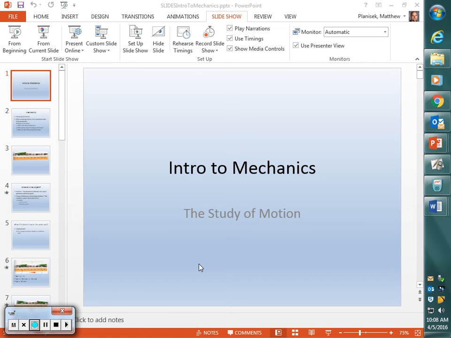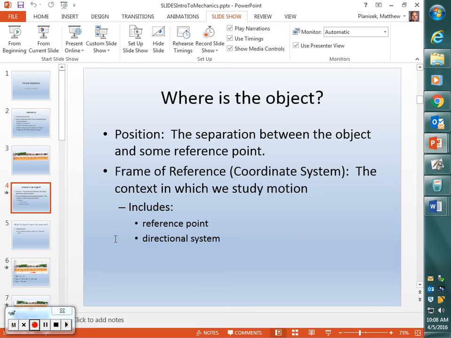First, we have to define a reference point, and then a directional system. The reference point and the directional system we call the frame of reference, the context in which we study motion. Basically, we're setting the ground rules for how we're going to answer all of those questions.